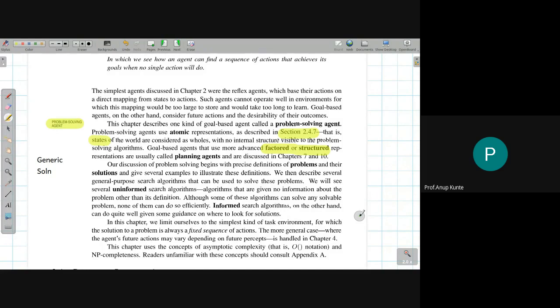So that is the view that we should restrict ourselves to, and that view is called atomic, because the capturing of the state information through the class or the data structure that we use to represent the real world scenario will be an atomic representation. It will not have variability or uncertainty in the representation.